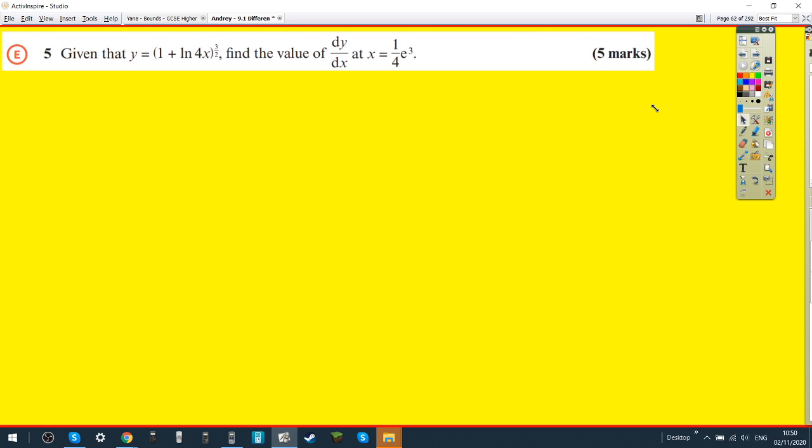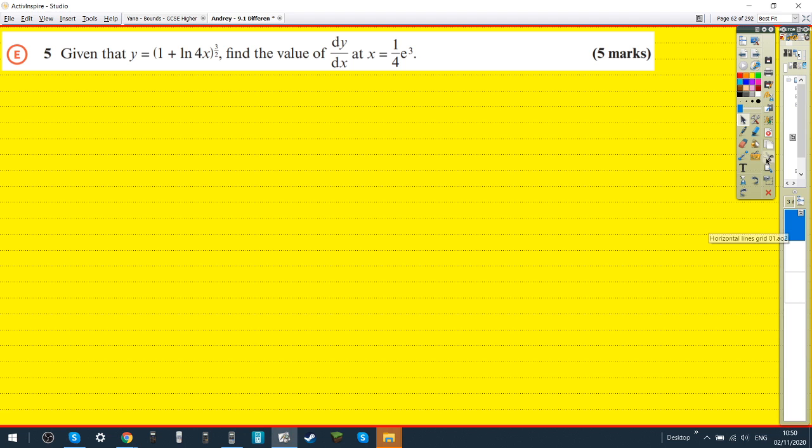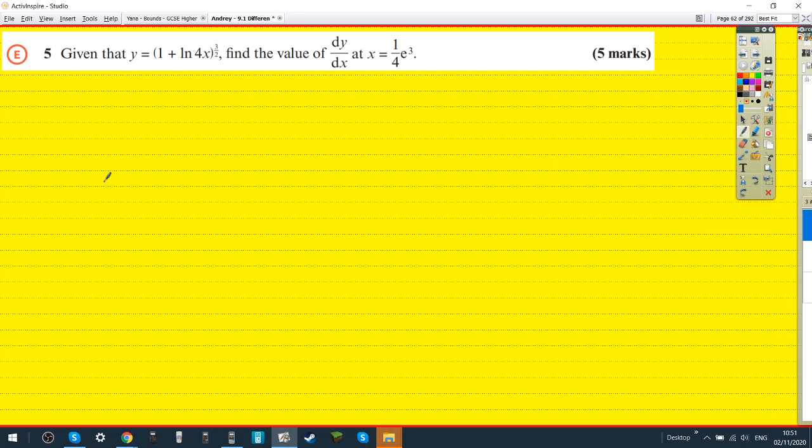Yeah. So let's see this one. Okay, now they're going to start combining things together. How about this? So am I doing 3/2 and then 1 plus ln 4x and then minus 3/2?